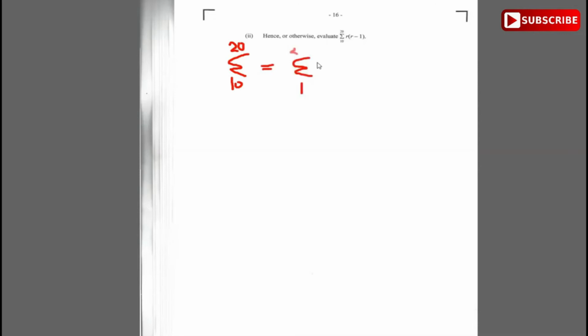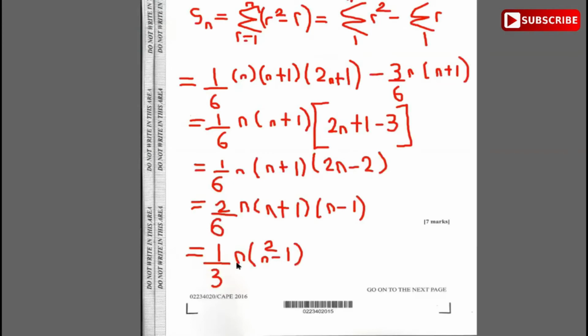minus the sum from 1 to 11. All right? That's it. That's all. And so the sum from 10 to 20, using the formula, here's the formula, 1 over 3n into n squared minus 1.